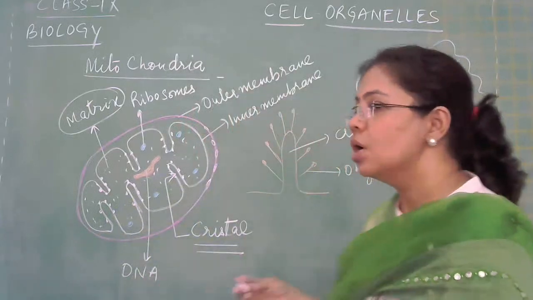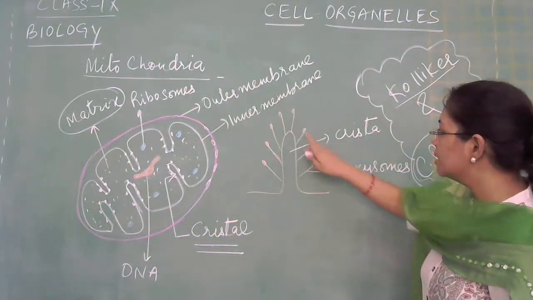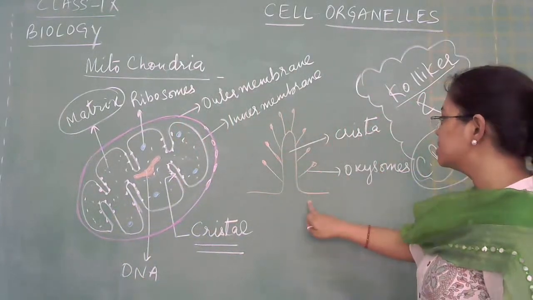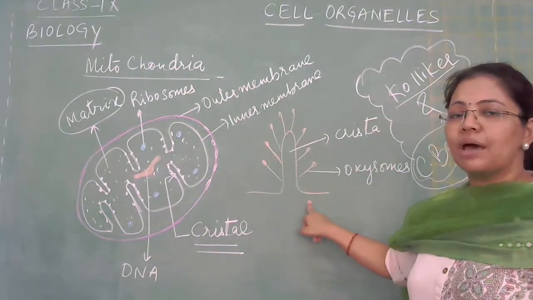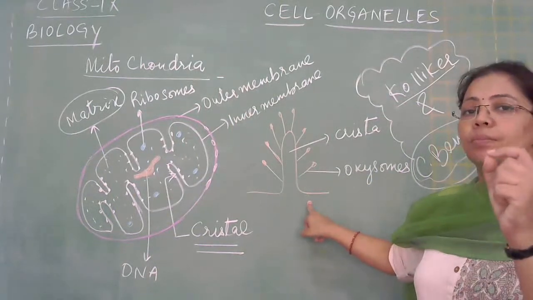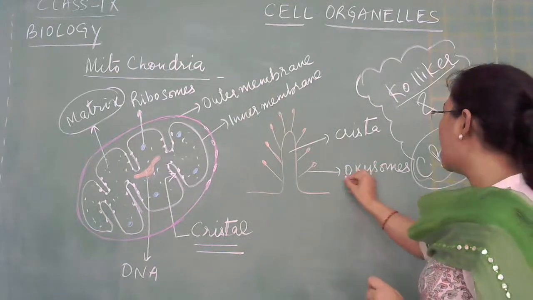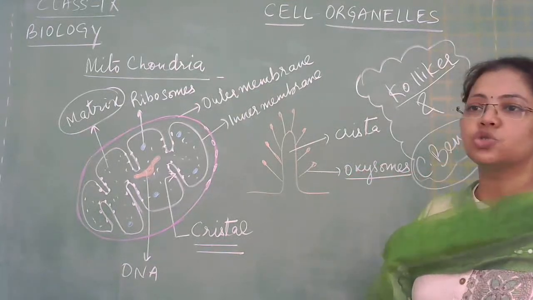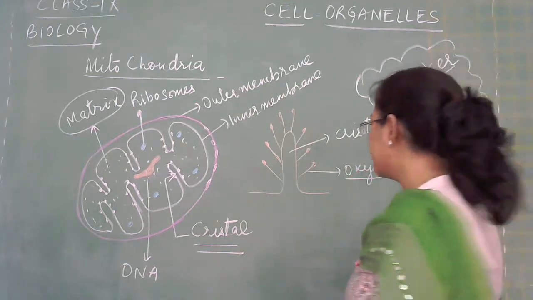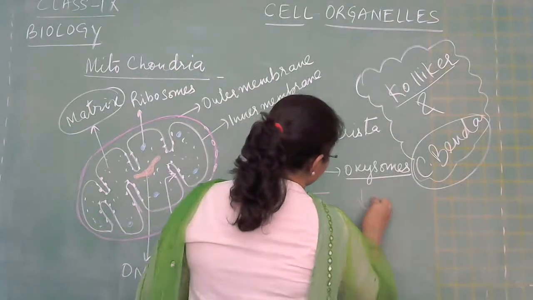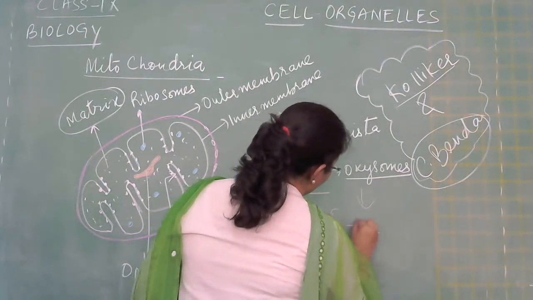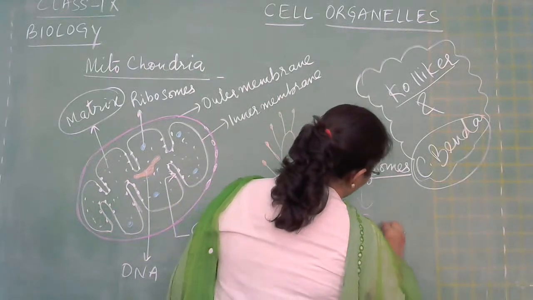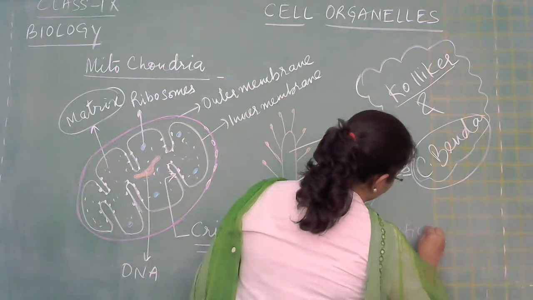So what happens over these finger-like projections called cristae is that small bodies are present, known as oxysomes. They contain particles called oxysomes, which are also known as F0, F1 particles.